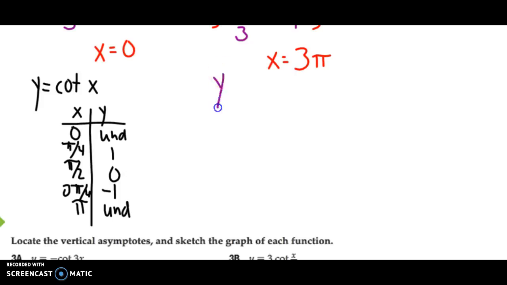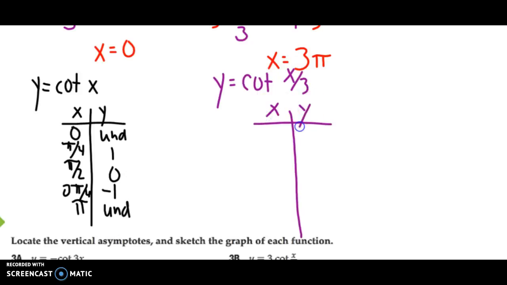Okay, so let's look at what our table looks like for cotangent of x over 3. First we want to find our x values. Again, my vertical asymptotes are at 0 and 3 pi, and those are undefined values. Now halfway between 0 and 3 pi, you find the midpoint: 0 plus 3 pi is 3 pi, divided by 2 is 3 pi over 2.